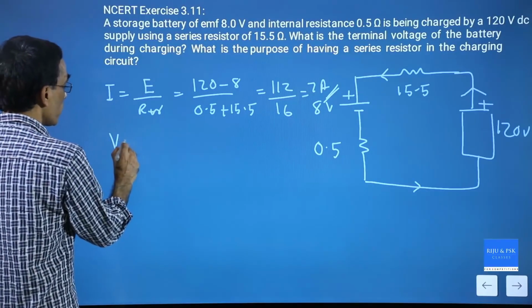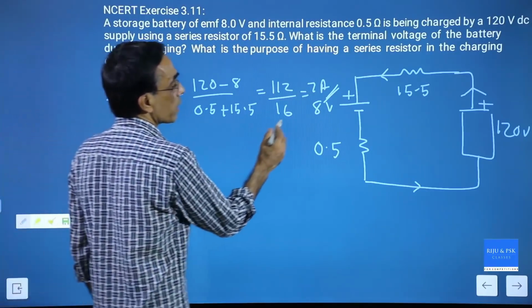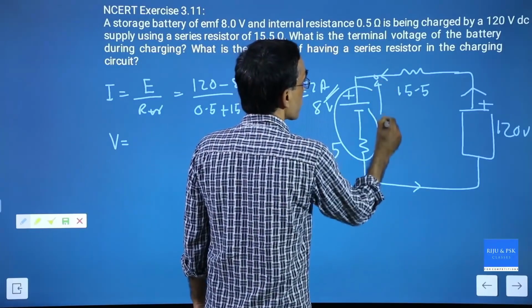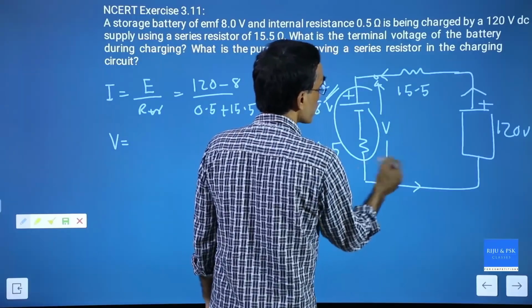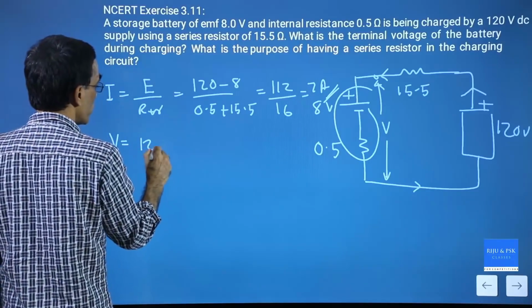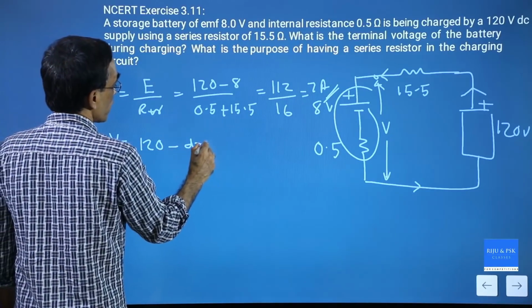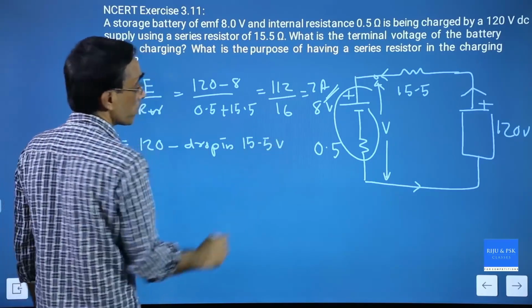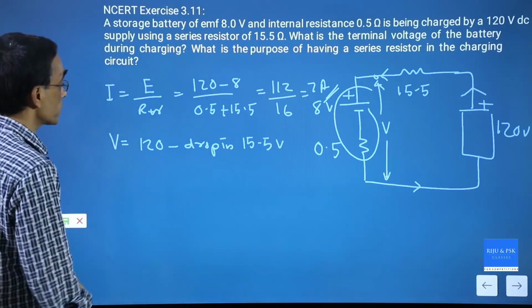Okay, now the terminal voltage V of the cell. This is the cell and this is the terminal voltage V, and that should be equal to 120 minus the drop in 15.5. You watch previous videos, make it strong, make these concepts clear.